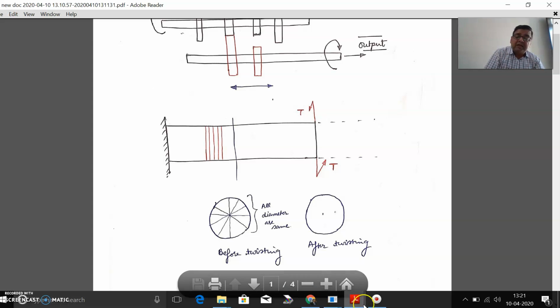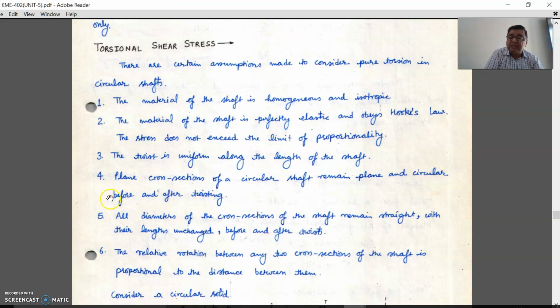That's what this assumption was saying, that the plane cross section of a circular shaft remains plane and circular before and after twisting. The same wording is also told as: all diameters of the cross section of the shaft remain straight with their length unchanged before and after twist. He told you the same expression in two different languages.